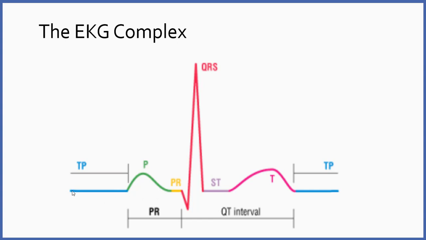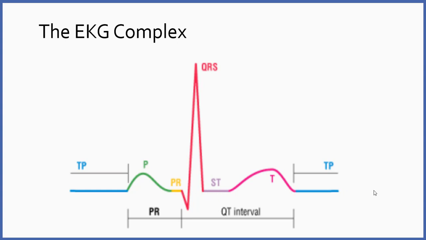If you trace this line across the complex, it should be straight across. Every time we've got nothing electrical going on, we should return to that baseline, to that isoelectric state. And so within the complex, this little chunk after the P wave and before the QRS, and this chunk here after the S wave and before the T wave, should be isoelectric, okay?